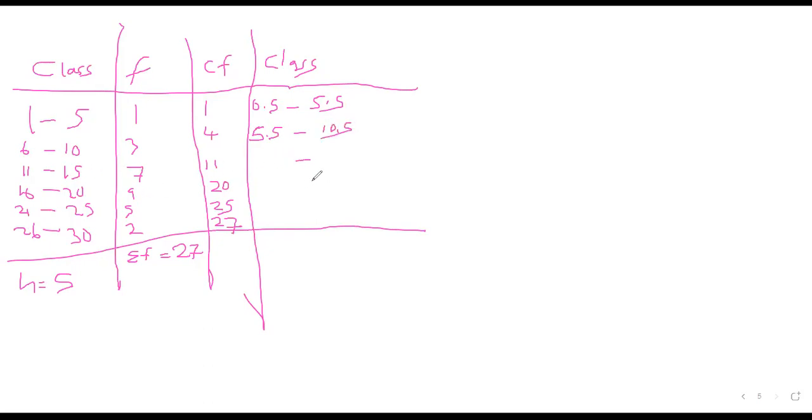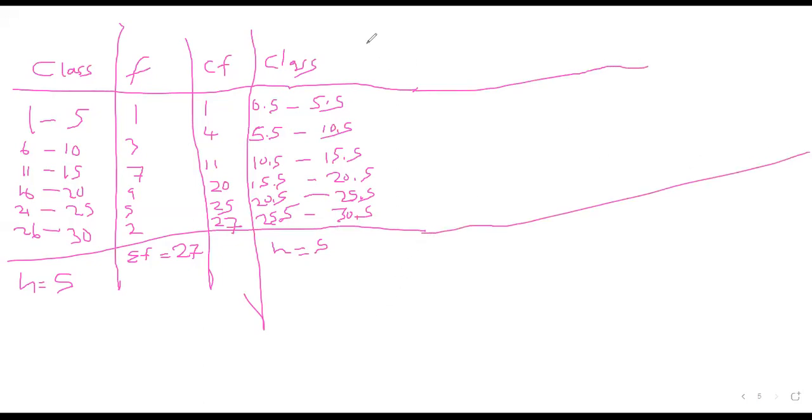The next ones are 10.5 to 15.5, 15.5 to 20.5, 20.5 to 25.5, and 25.5 to 30.5. Now you can subtract 0.5 from 5.5 to get your height of 5. So if you have not adjusted it, it becomes tricky.